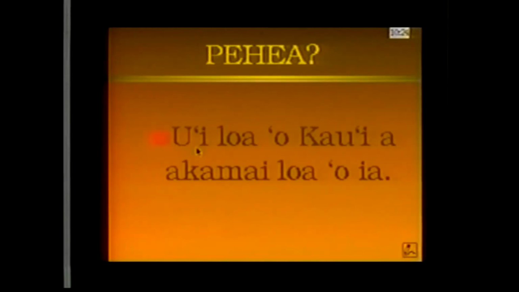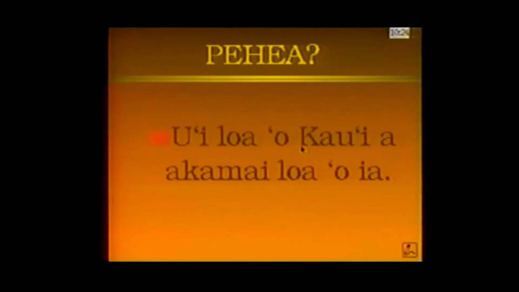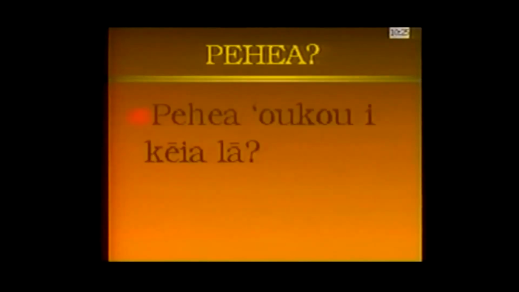Ui meaning beautiful, so this would be Kaʻui is very beautiful, okay? And look, in Kaʻui's name, we have ui, yeah? The beautiful one, Kaʻui, okay? That's why if your name is Kaʻui, it's Kaʻui, okay? Ui loa o Kaʻui, this little o right here is just and. Okay, pea o Kaʻui keia la. Pea o Kaʻui keia la.